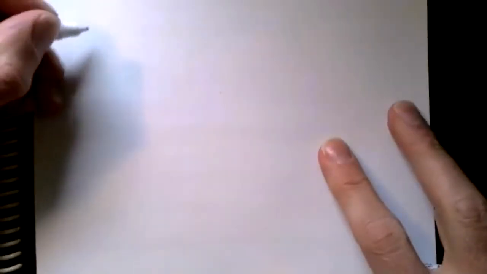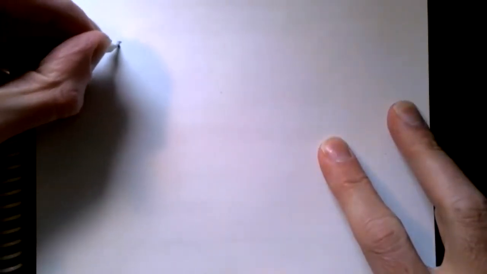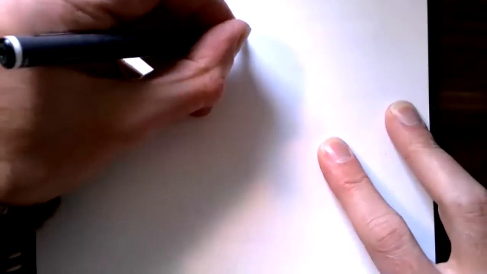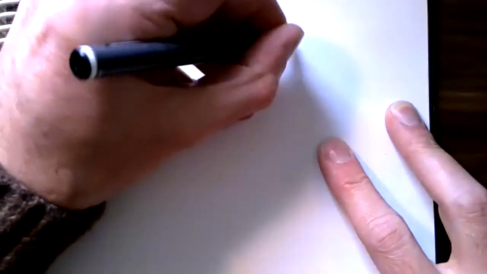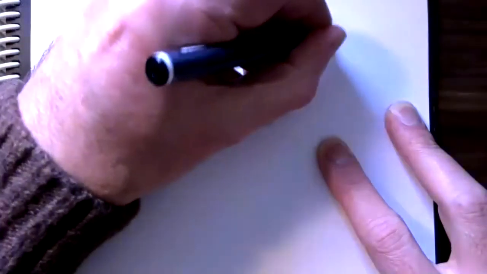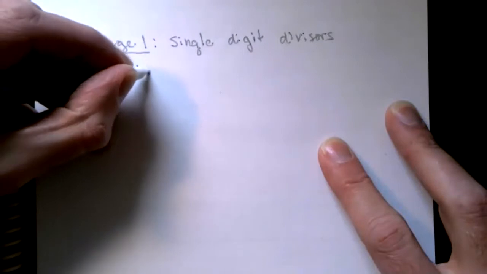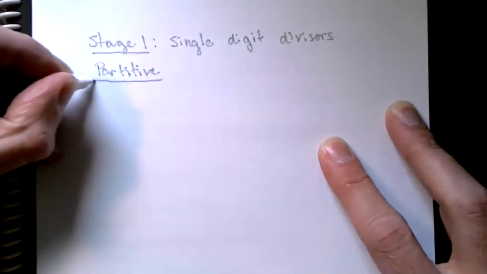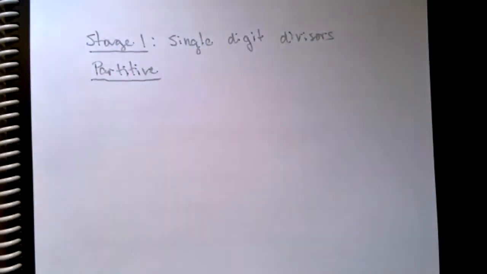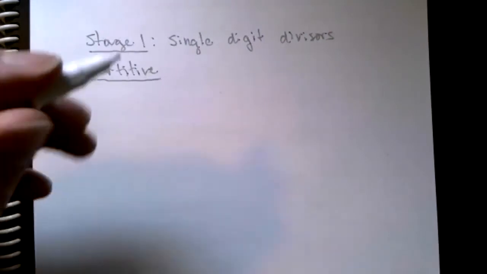So let's deal with this stage 1 stuff. Single-digit divisors. Okay, so let's deal with the partitive approach here.